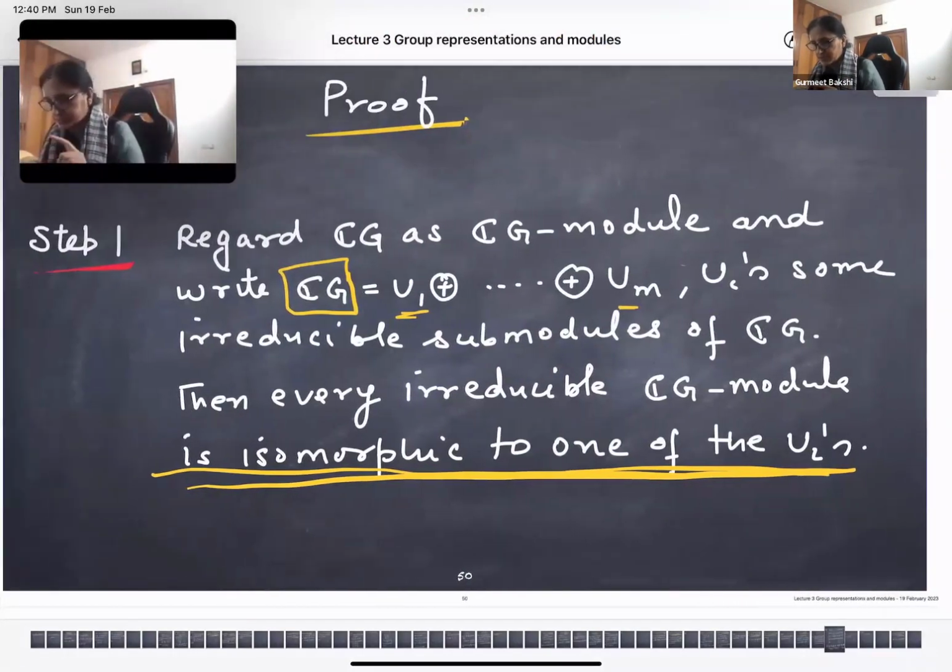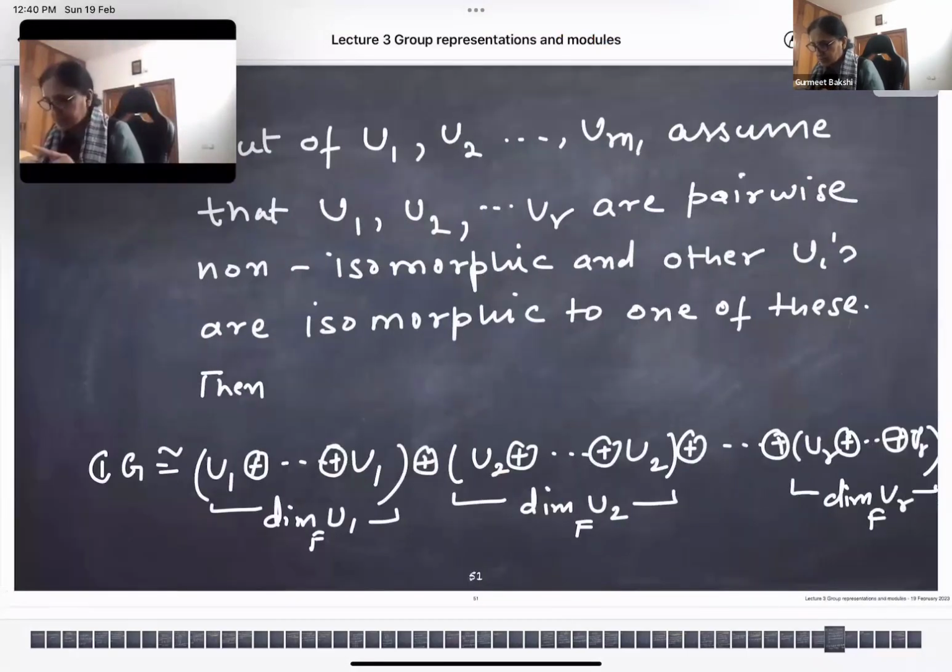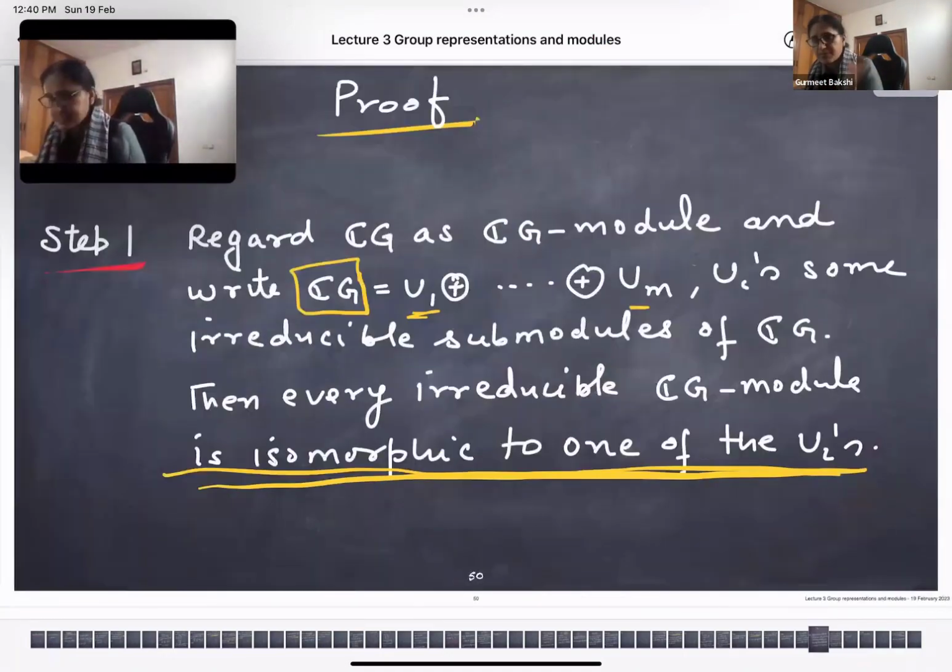I will prove this step, and for this step maybe I will leave something for you. Then the next part: now you have written CG as a sum of irreducible CG modules, and you prove that every other CG module is isomorphic to one of these U_i.